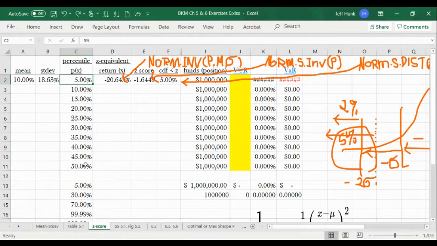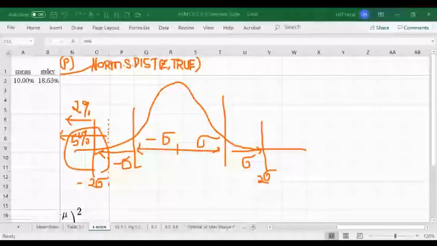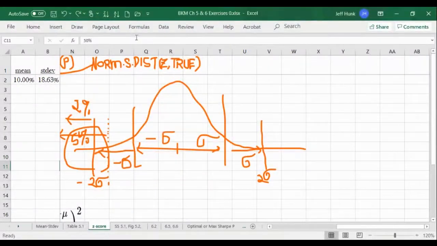And think about it. 50% means this half point, right? 50% means all the probabilities up to this point is 50%.